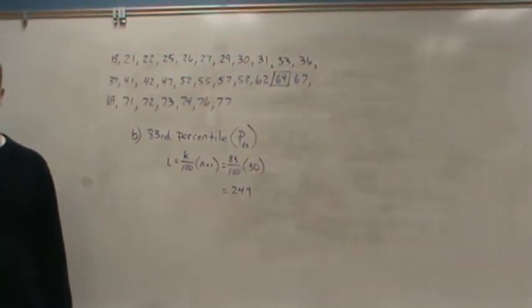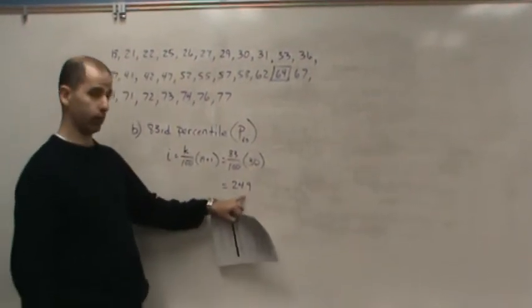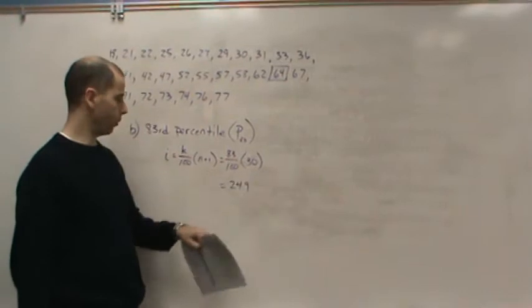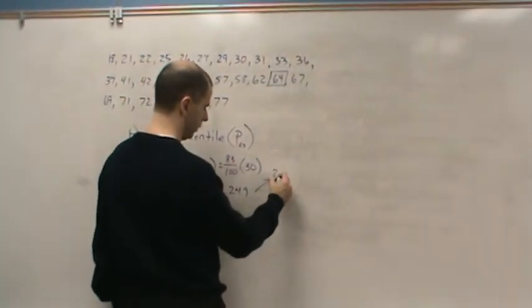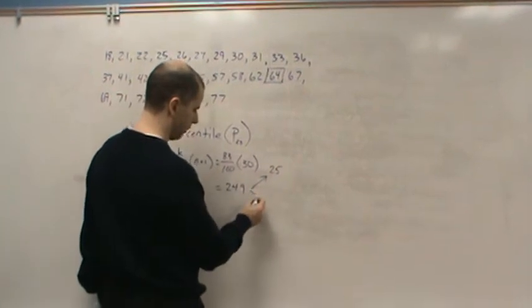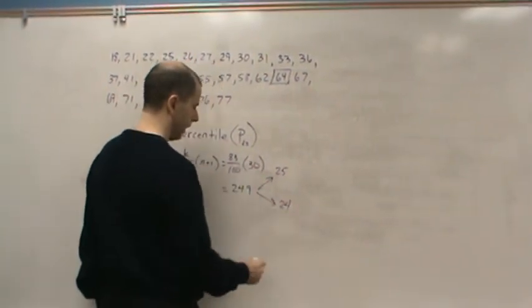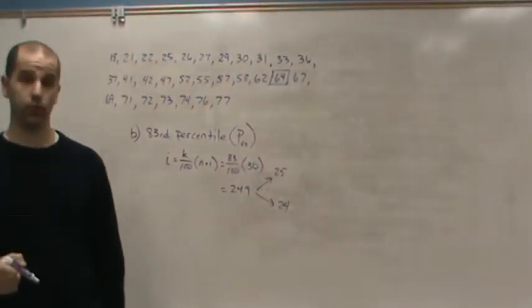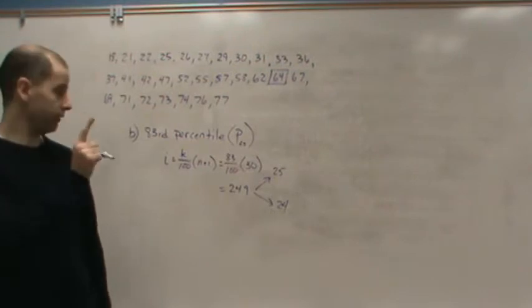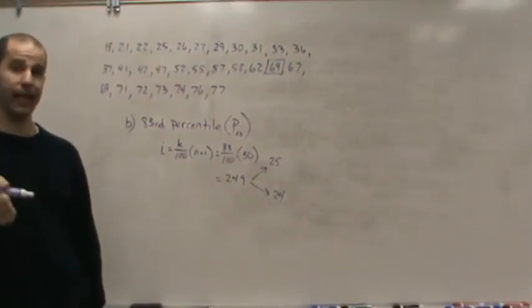Look at that, we don't get a whole number for i. So now what we're going to do is round up to 25 and round down to 24. Now we're going to find the values in both of those positions.